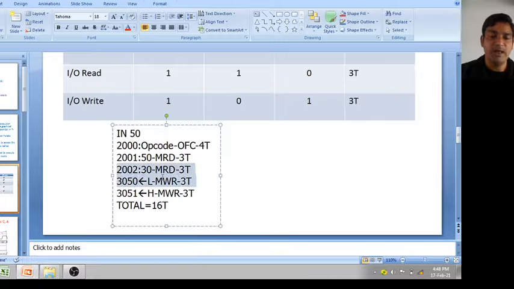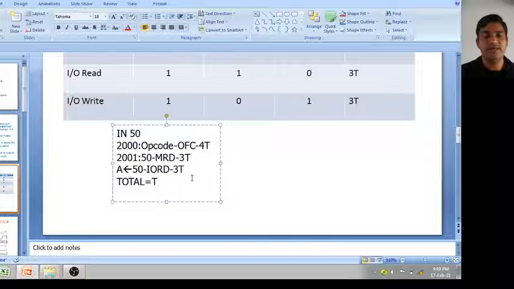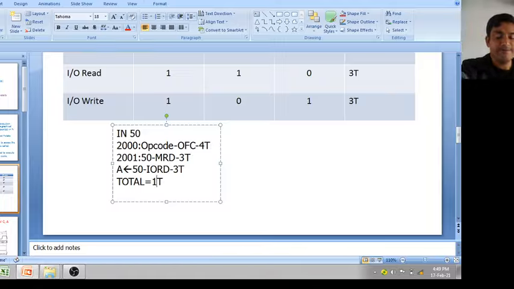The contents of port 50 are going into A, so it will be an input output read operation. Input output read from 50, this is the port address, the input port. So the total T states are 10T.